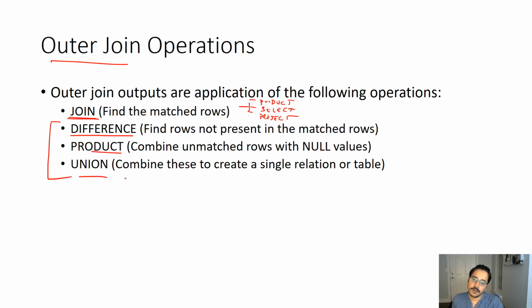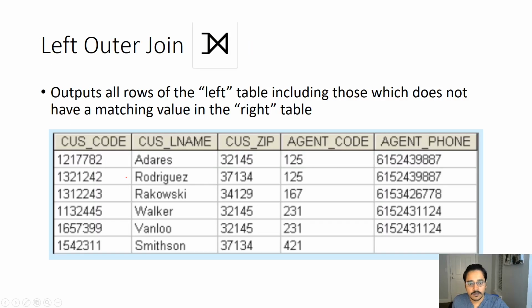So if we look at this example of left outer join, here we can see in the first 5 rows we have the result of our join operation. This is the result of natural join, so these are customers who have been paired with an agent.